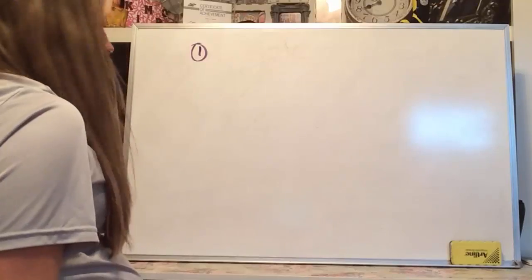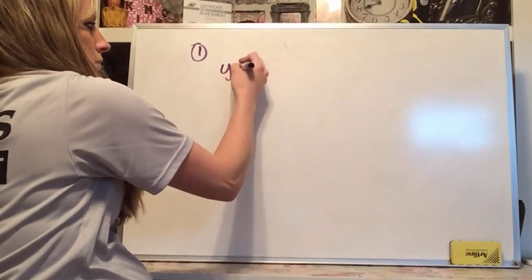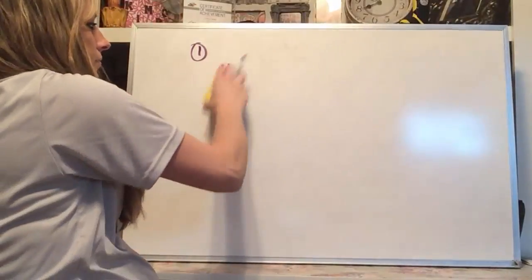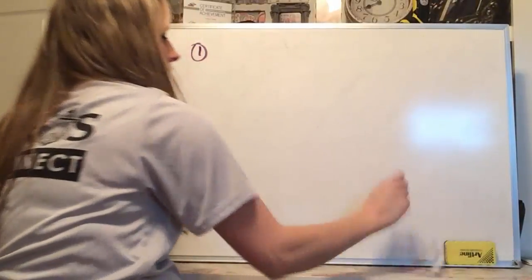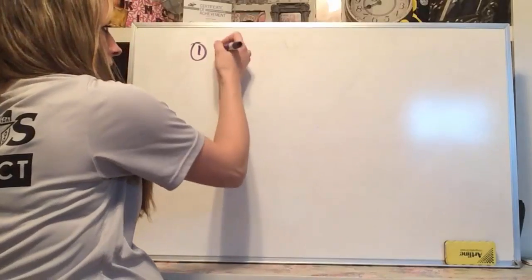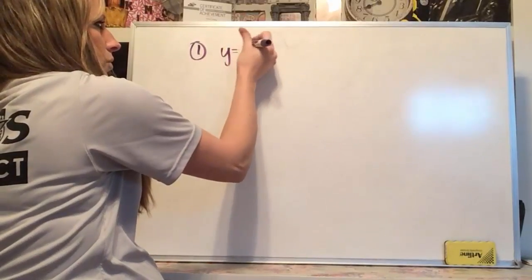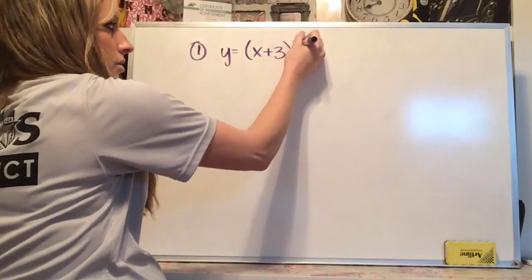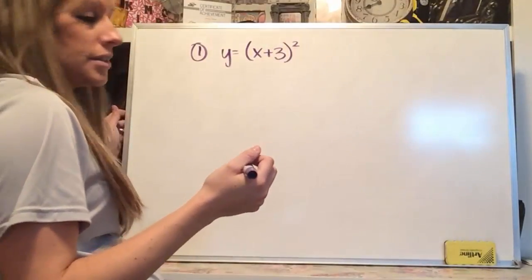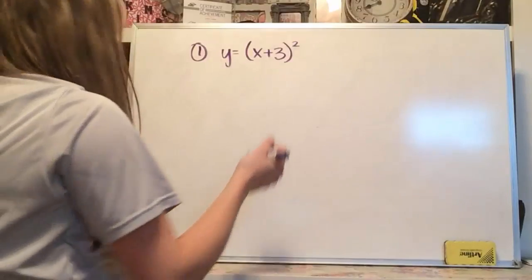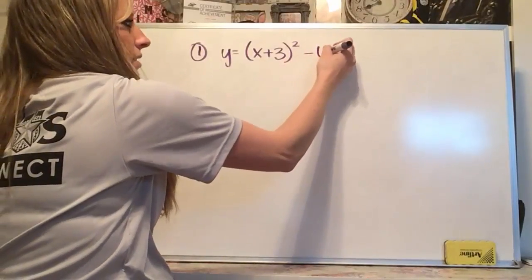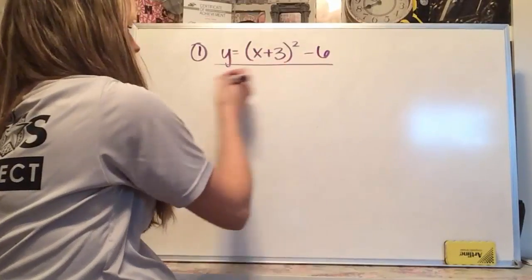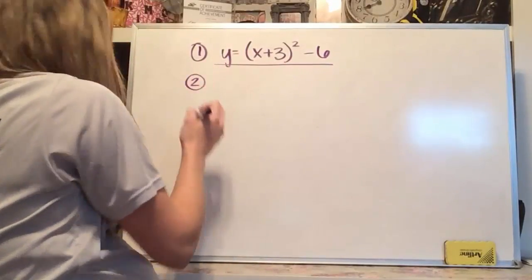So it needs to go to the left 3, which means that that's going to be inside the parentheses. And it does the opposite of what you think, okay? So y equals x plus 3 squared. That's going to move it left. And down 6. So -6 will go at the end. Okay, number 2.